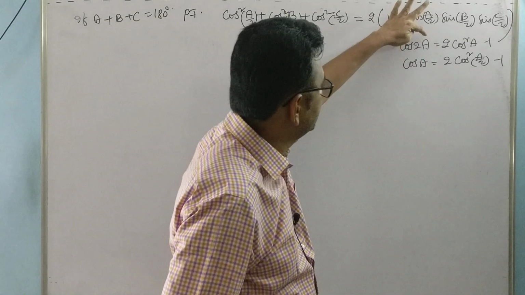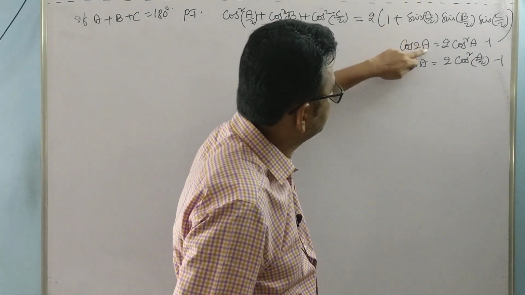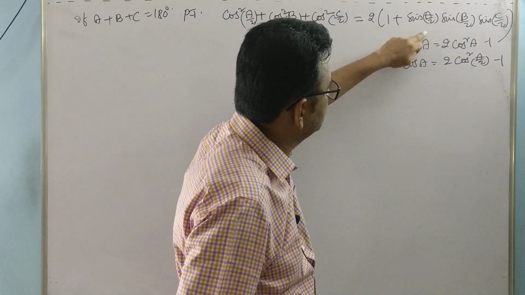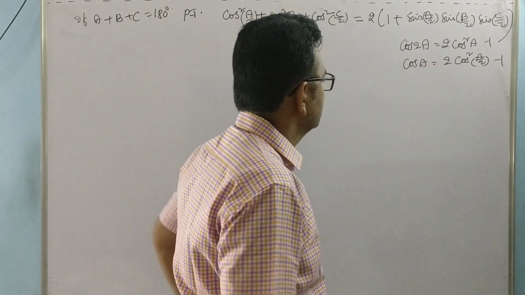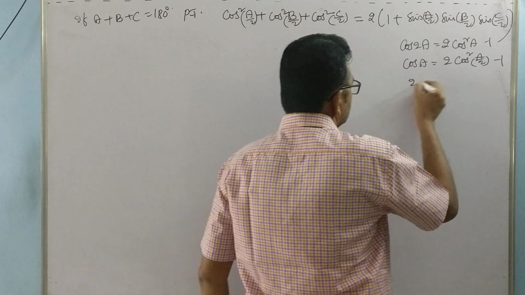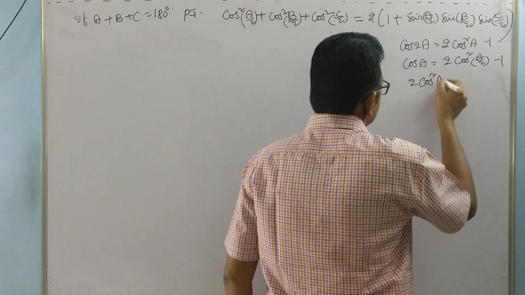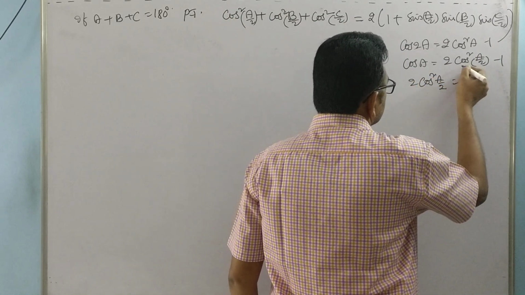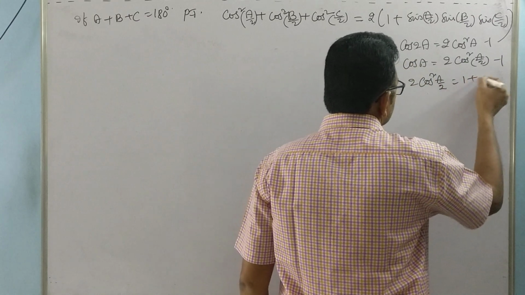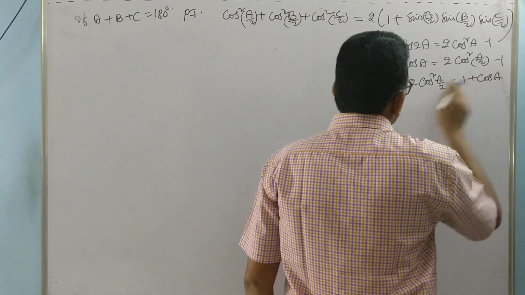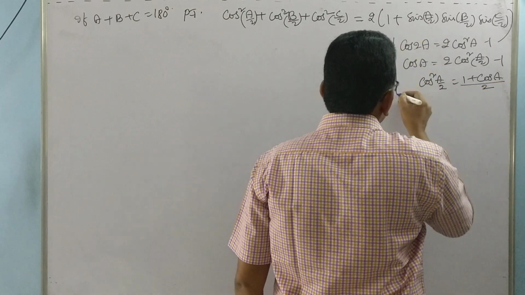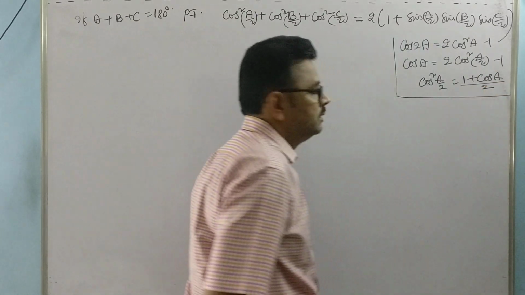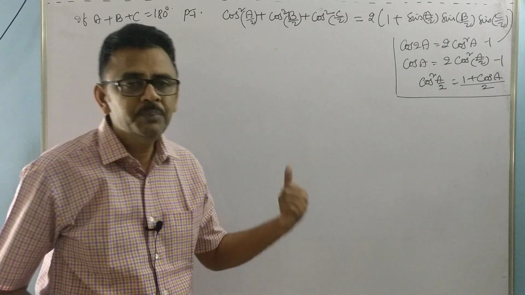In place of A, if I write A by 2, we get cos A equal to 2 cos square A by 2 minus 1. From this, 2 cos square A by 2 equals 1 plus cos A, so cos square A by 2 equals (1 plus cos A) by 2. Using the same formula, we are applying it repeated number of times.